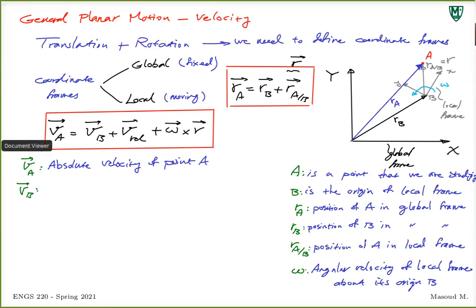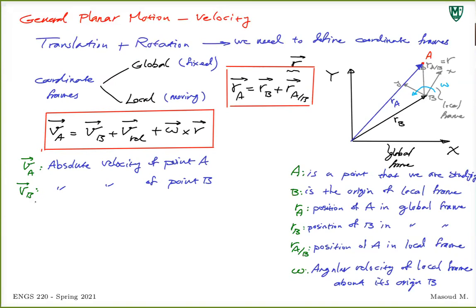Again, absolute velocity. We can think of point B as whatever point we've been studying so far. What is its velocity? That would be VB. So again, absolute velocity of point B, the velocity of point B in global frame. In global frame means absolute velocity.